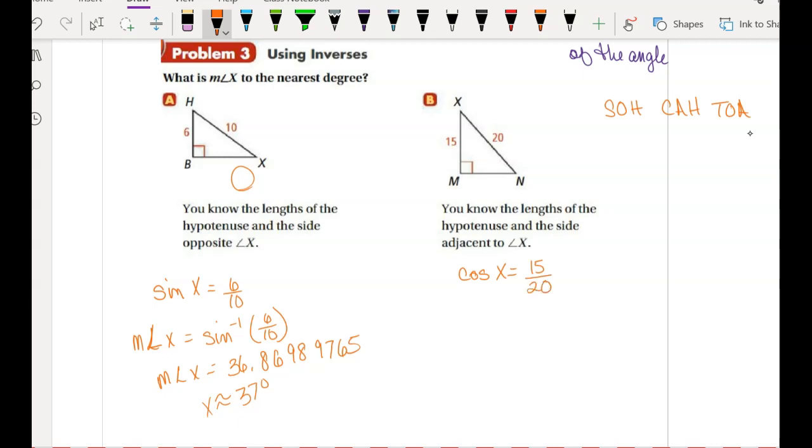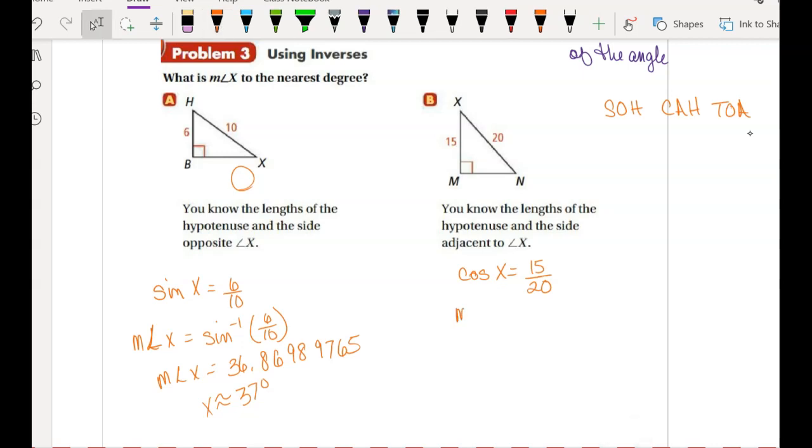Now I want to undo that. I want to work backwards. Remember, the opposite of addition is subtraction. The opposite of multiplication is division. So we're going to do the opposite of this one. It just looks different.